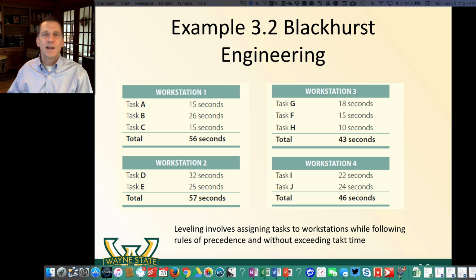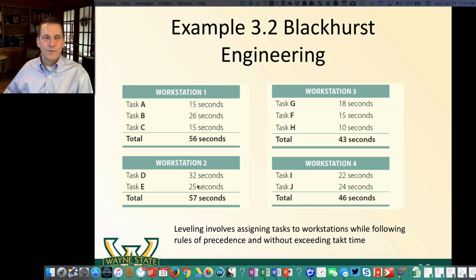If we were to exceed the takt time, our plan is not viable. We will not hit 500 per day. So we add A, 15, plus B, 26, plus C, 15. We're at 56 seconds, and without even adding D, we know that we cannot add D. That 32 is going to put us over 57 point, whatever our takt time was. Okay, so then we go to workstation 2.